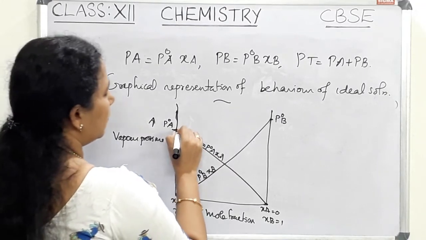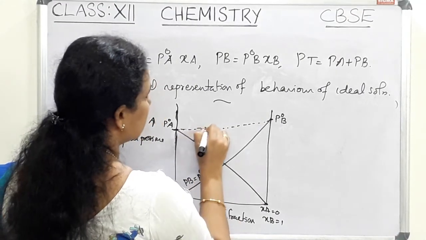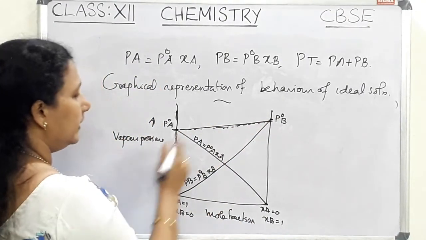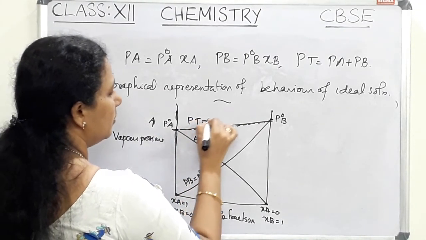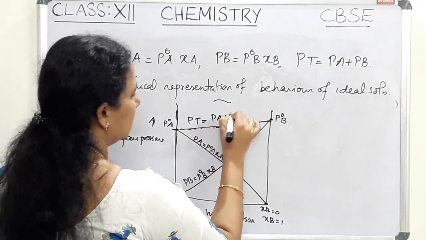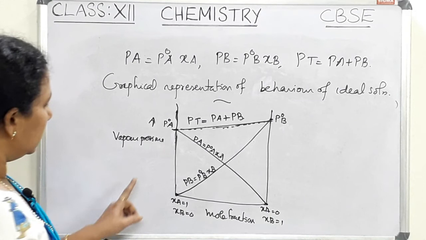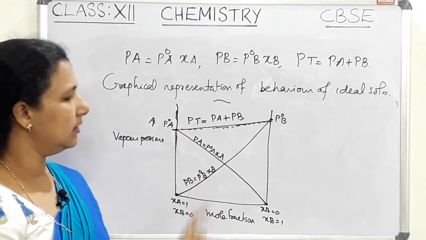And if we draw a line like this, the line indicates P total, that is PT is equal to PA plus PB. So this is the graphical representation of behavior of ideal solution.